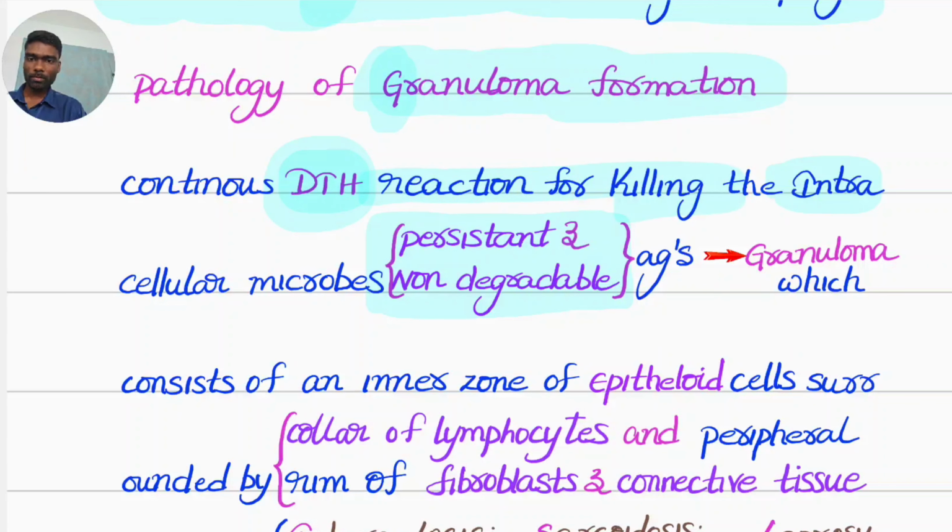Usually this macrophage delayed type hypersensitivity will eliminate the pathogen in normal individuals, whereas in individuals with persistent and non-degradable intracellular pathogens, it is unable to eliminate them, so the macrophage will release more and more lytic enzymes, causing own tissue damage. And granulomas will be formed.